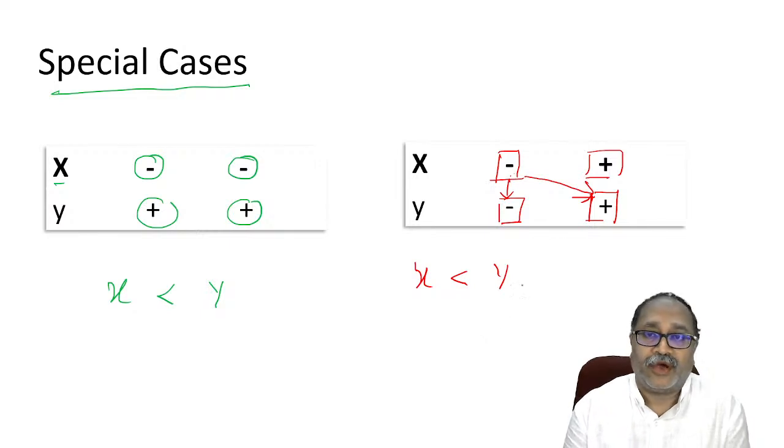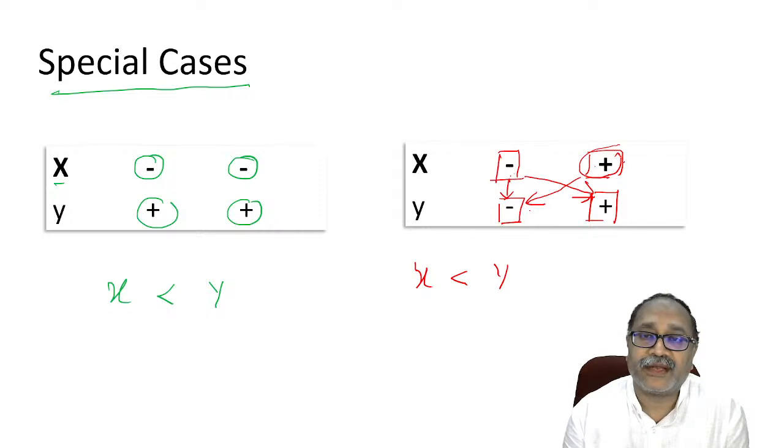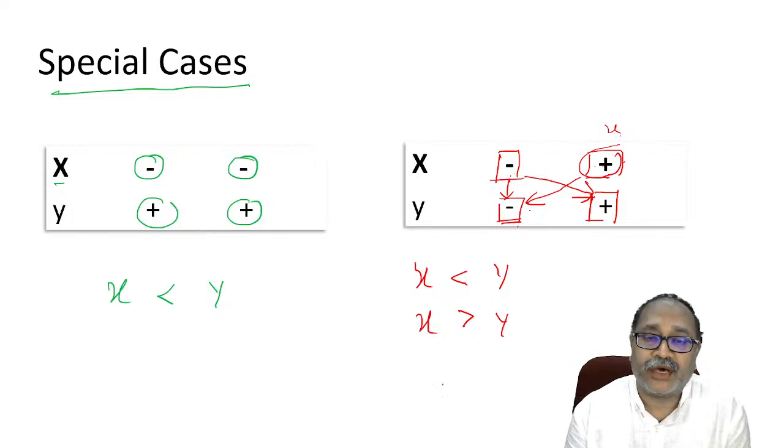Now come over here. This is positive and this is negative. When you compare these, you will find that x is greater than y, because it's positive here and negative here. So here C and D cannot be determined.